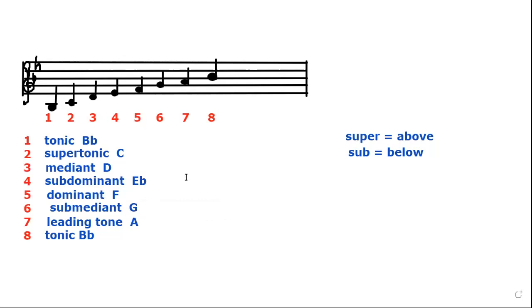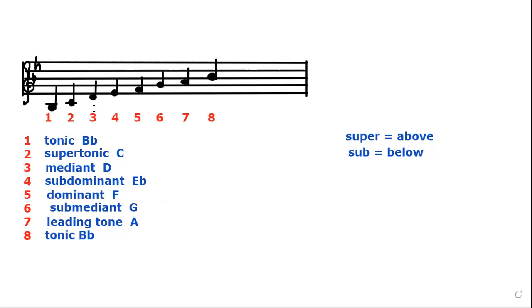I'm fine now, don't worry. So you might be thinking, that doesn't make any sense to me because you said that sub is under, and this 6th scale degree is clearly not under the 3rd one, which you told me was the mediant, right? So what gives here? Well, here's what's going on.